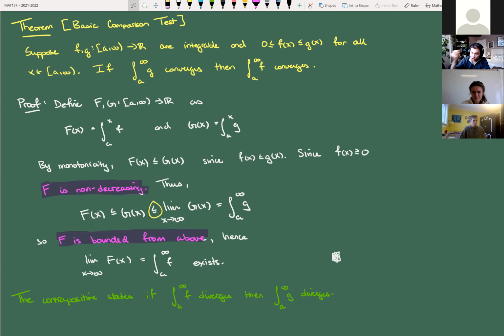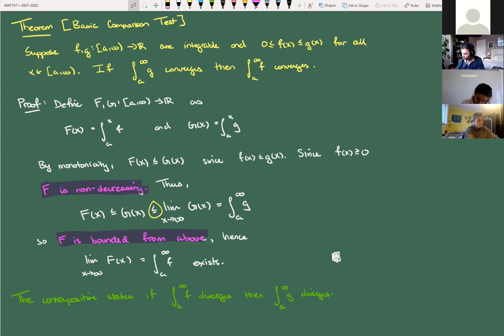If you can show that G is always bigger than a function which diverges, then G must diverge as well, okay? So if you want to show convergent, show that you're bounded above by a function which converges. If you want to show divergent, you show that you're bounded below by a function that diverges, right? Does everyone see that? Convergent, bound above by a convergent function; divergent, bound below by a divergent function.